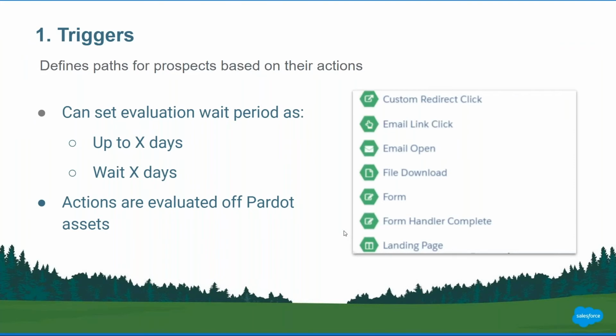So that's triggers, and again, this is based on prospect actions. It's not criteria based at all, not a specific field value about the prospect. This is mostly any action they take once they enter this program.